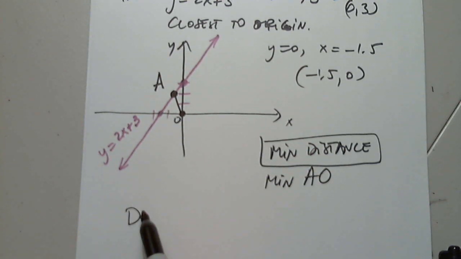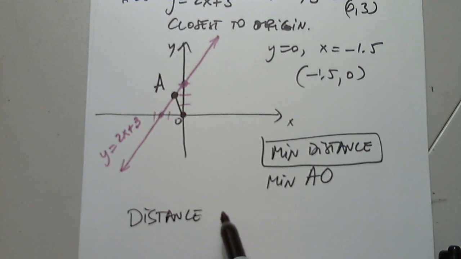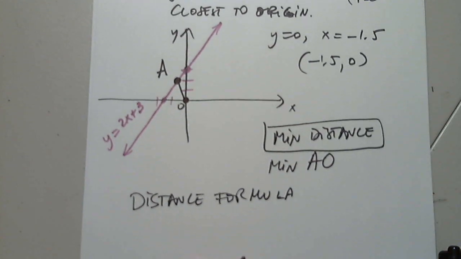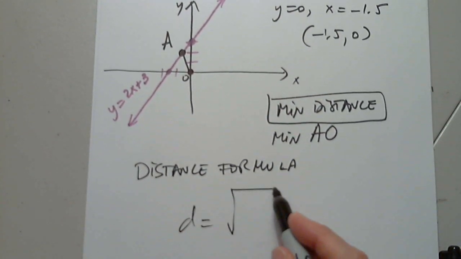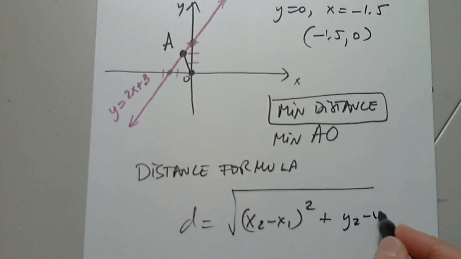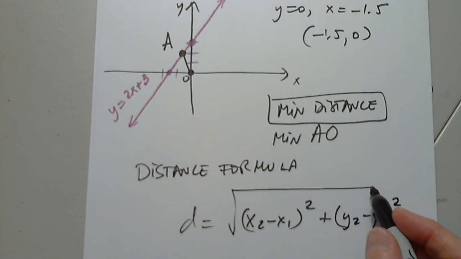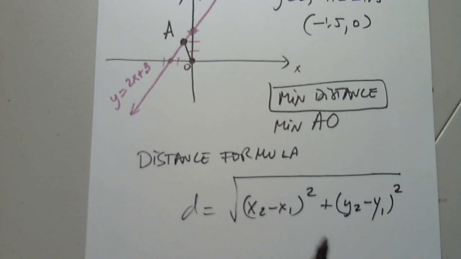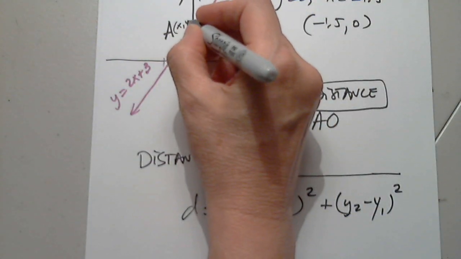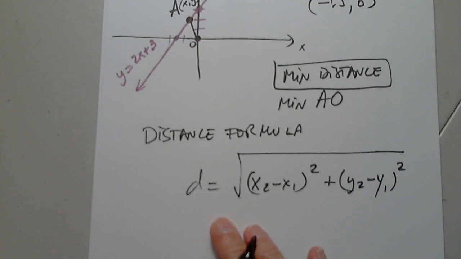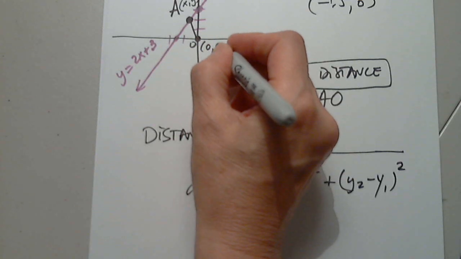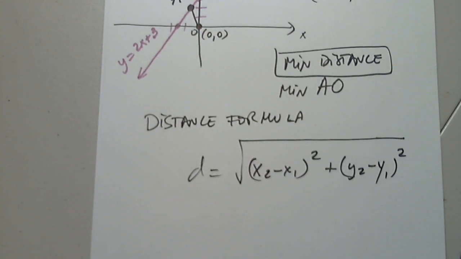Anyone remembers the distance formula? Distance between 2 points. Isn't it the square root of y2 minus y1 squared? Yes. Excellent. x2 minus x1 squared, plus y2 minus y1 squared. Brilliant. Thank you. That's what it is. Good. So this point has 2 coordinates, x comma y, and this point has also 2 coordinates, 0 comma 0.